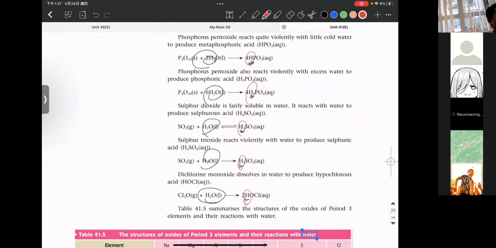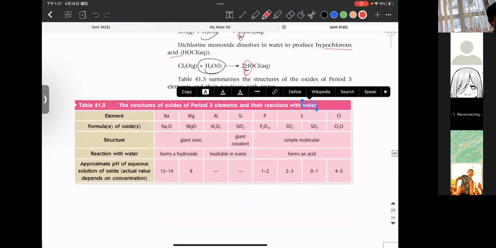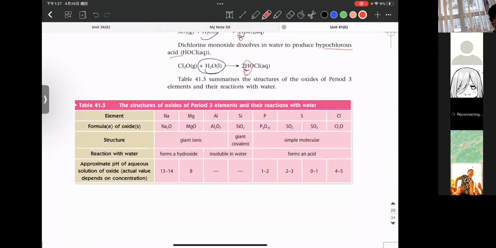But the name of the acid is different, ranging from phosphorous acid, phosphoric acid, sulfurous acid, sulfuric acid, hypochlorous acid, etc.